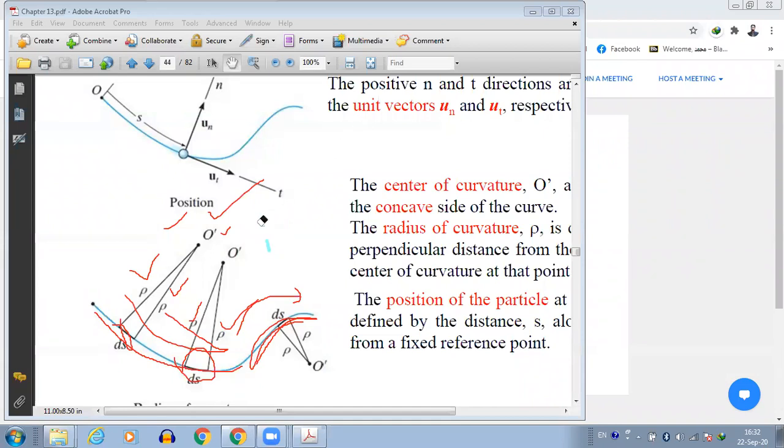So we have a radius of curvature, and let's denote it by the Greek letter rho, which we normally use for density, but here we define the radius of curvature by rho.